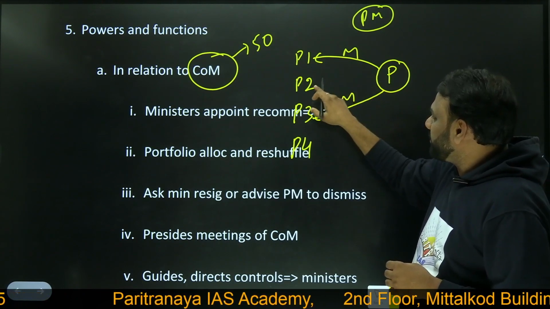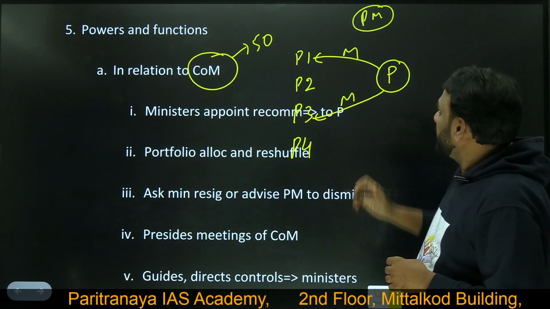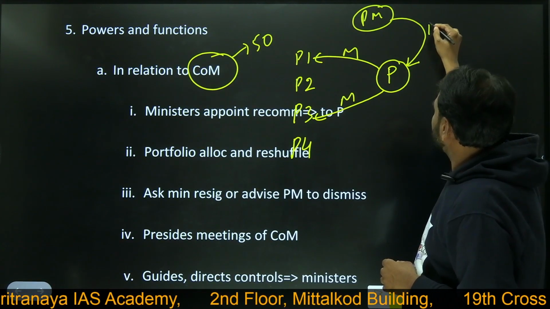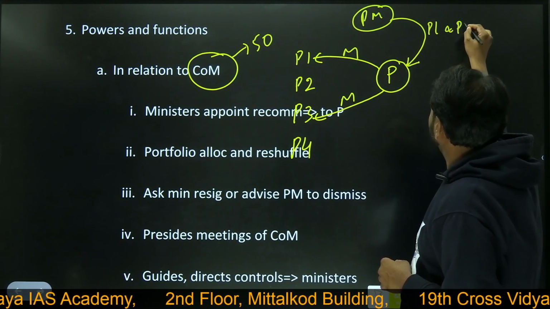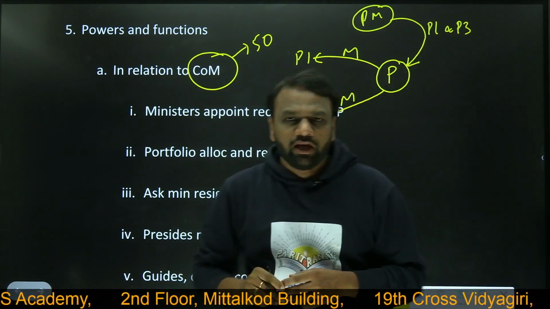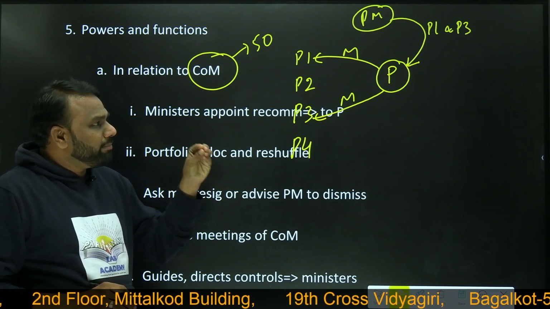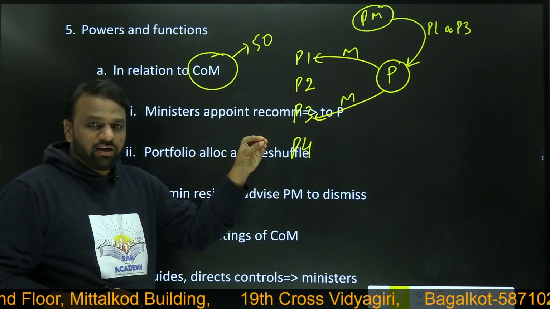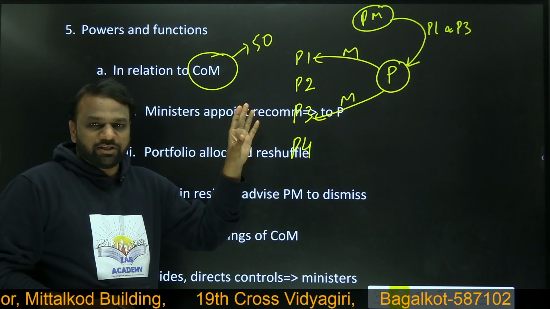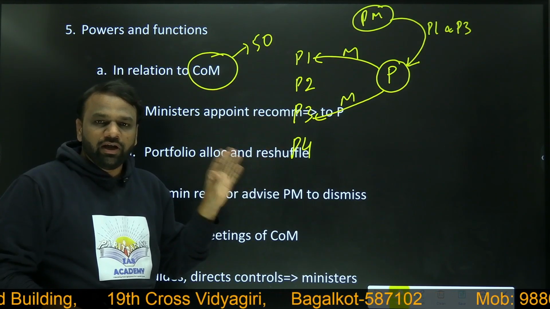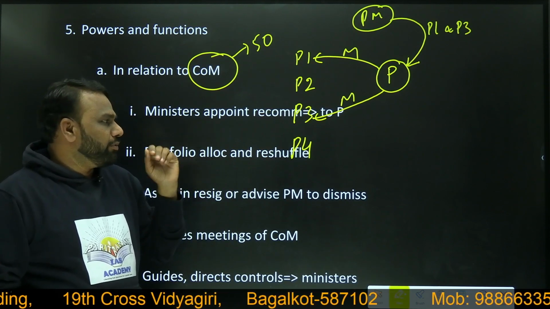He will not appoint person 2 and person 4, because Prime Minister has recommended that only person 1 and person 3 should be appointed. So a minister will be appointed by the president, but based on the recommendation of Prime Minister. Without the recommendation of Prime Minister, President cannot appoint a minister. Very important.